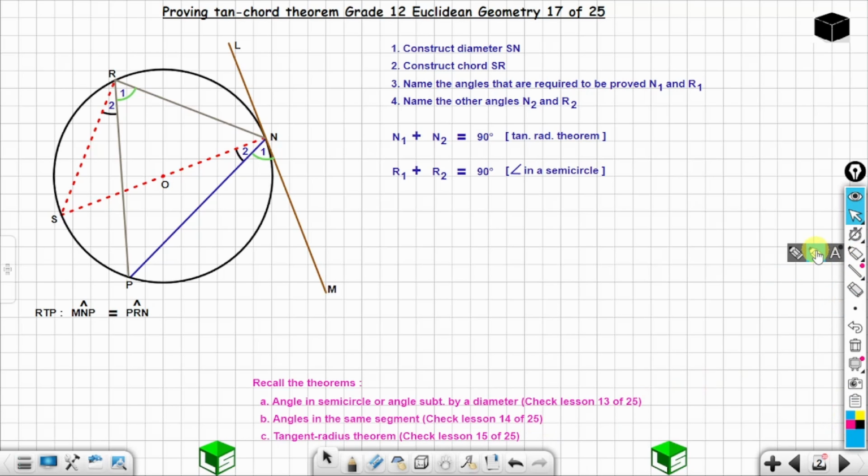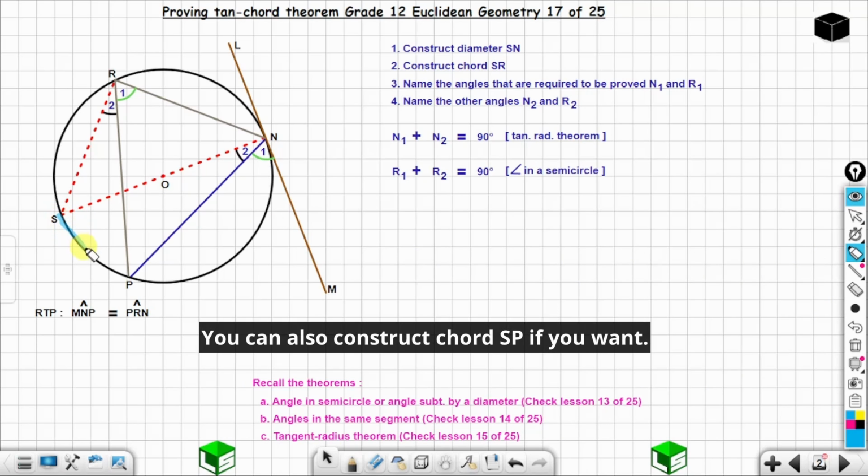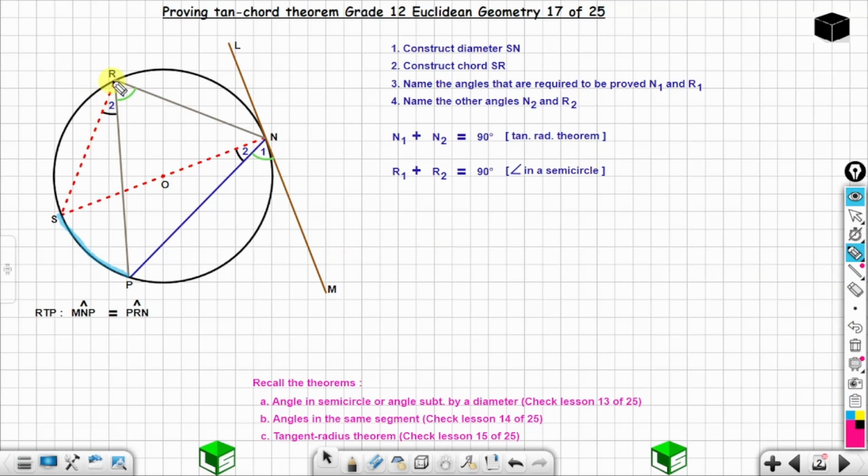Let me show you. Can you see this arc, arc SP? This angle R2 is subtended by this arc, and this angle N2 is subtended by this arc as well.